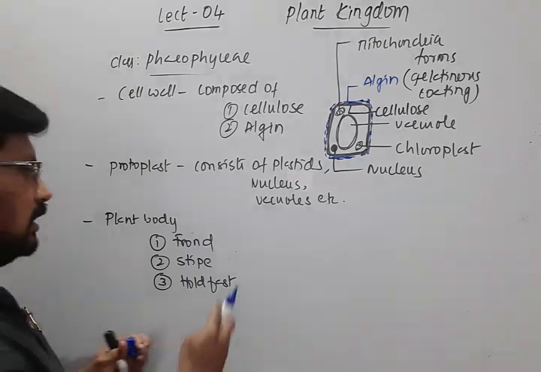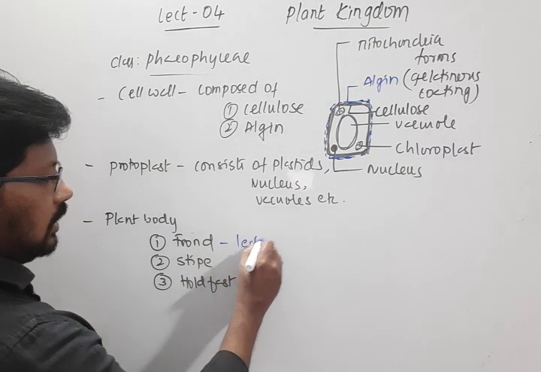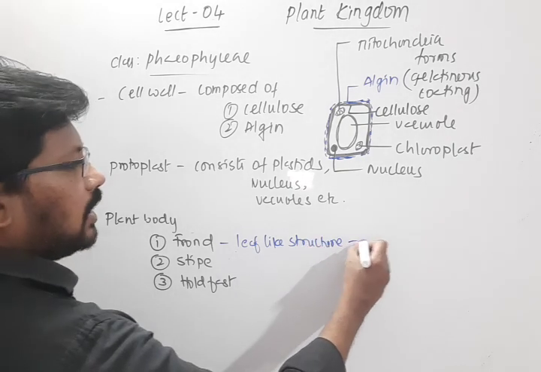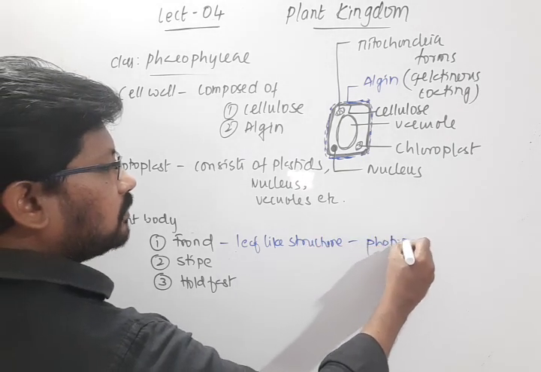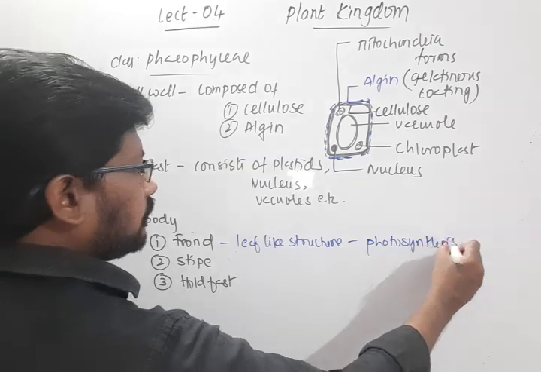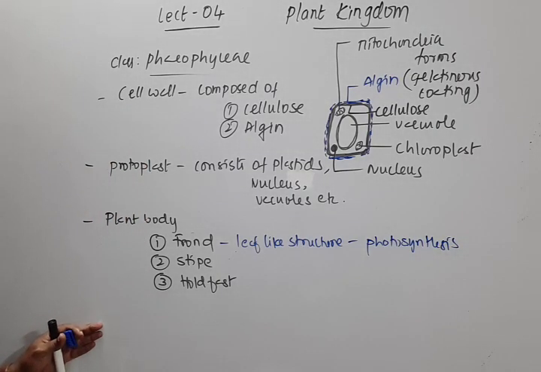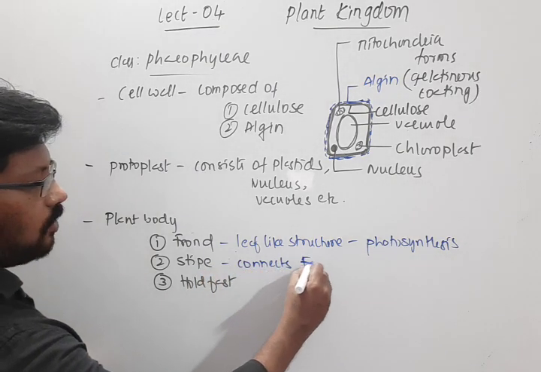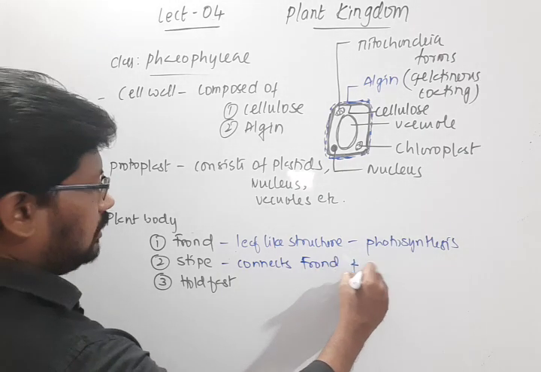Out of these, the frond is a leaf-like structure that performs photosynthesis, whereas the stipe connects frond and holdfast.